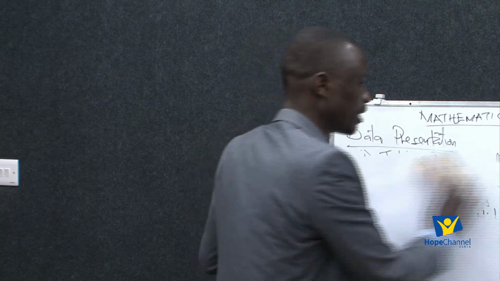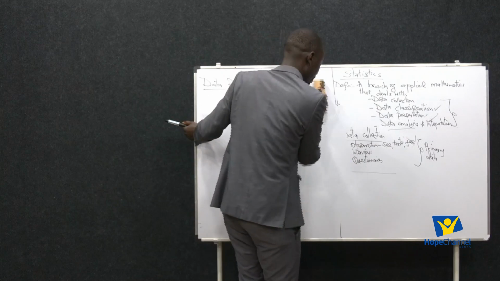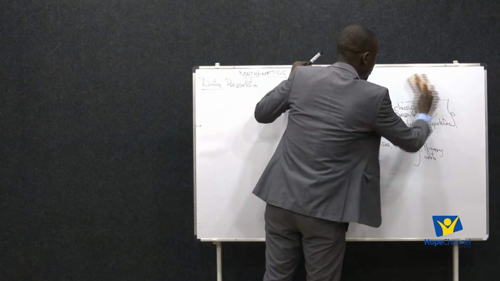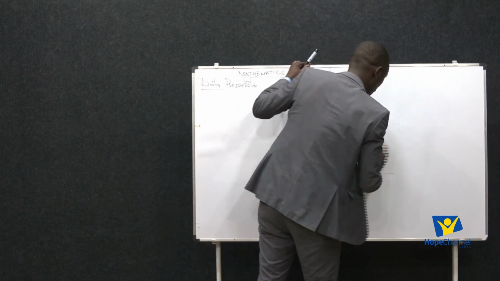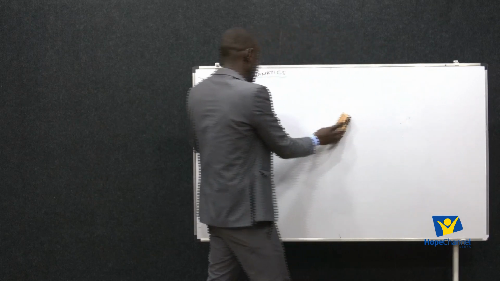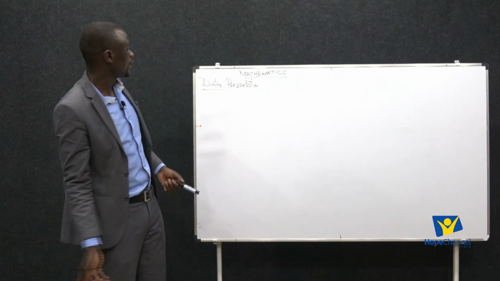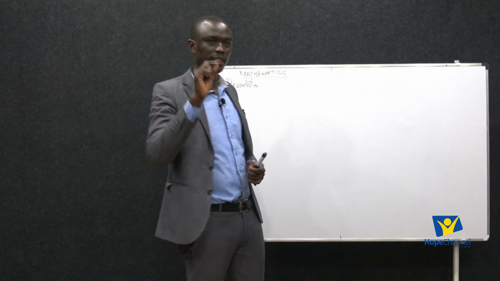Without wasting much time, I want us to start with what is called data presentation. We have said that for data presentation, we can use tables and we can use what is called charts. So let's begin with the tables.